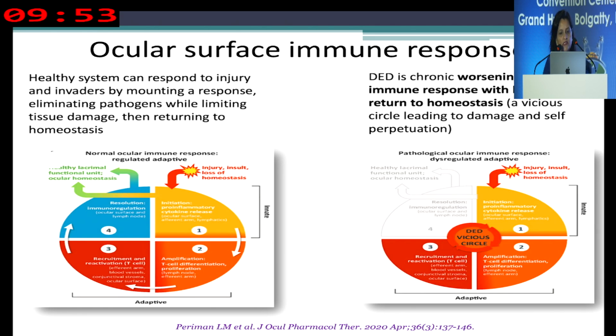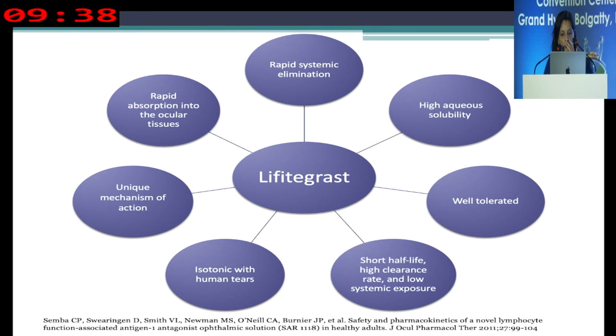Now, if you look at the ocular surface immune response, a healthy system can respond to any injury by mounting a response to eliminate the pathogens. But if there's a dry eye disease, then it is a spiral of immune response with loss of return to homeostasis. So Liftegrast is the drug which is being used or has been used to treat dry eye in other countries, and very soon it is going to be available in India.